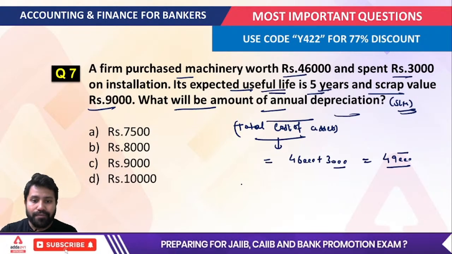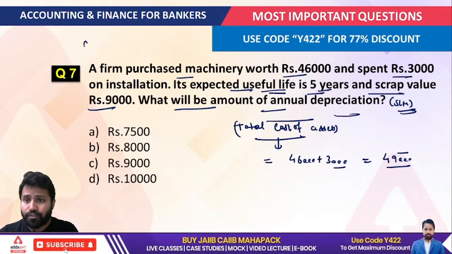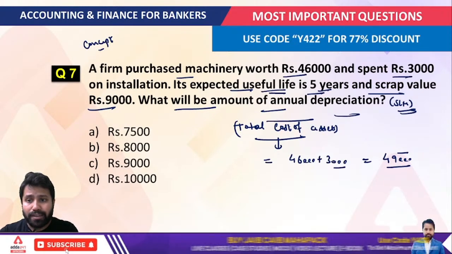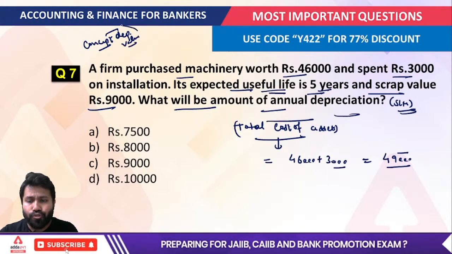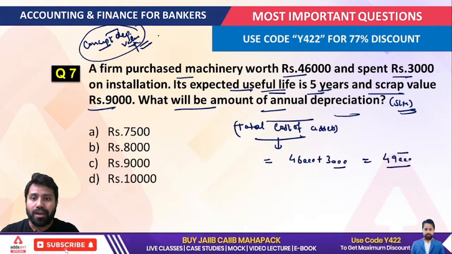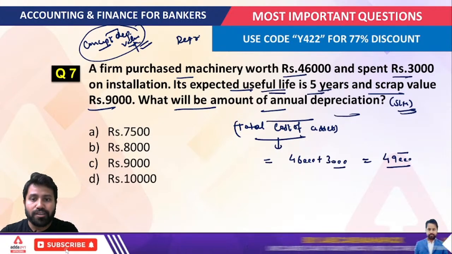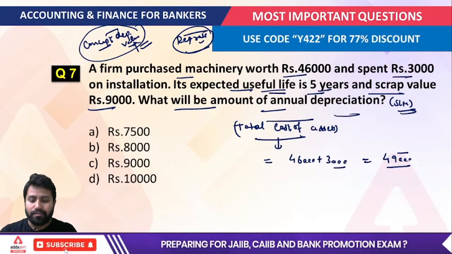Whenever we talk about the straight line method, the very important concept to understand is that we are talking about a constant depreciation value throughout the years. Look, we are talking about the term value. When we talk about the depreciation rate, the rate would be the same for the reducing balance method and the straight line method.